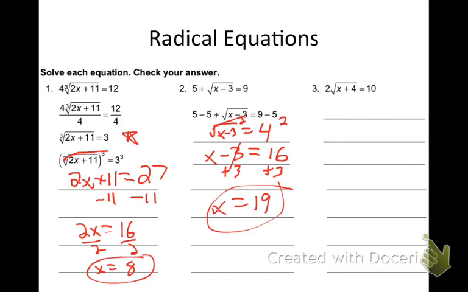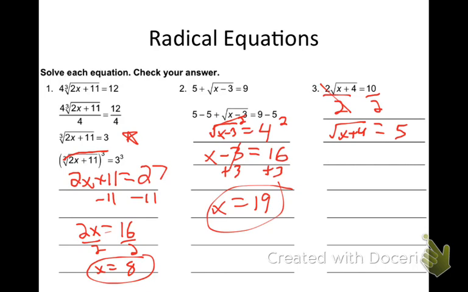So number 3 here. I have 2 square root of x plus 4 equals 10. First thing I need to do is get the radical alone. In order to get the radical alone, what do I need to do to both sides? Divide by 2. That gives me the square root of x plus 4 equals 5. Now I need to undo the square root by doing what to both sides?